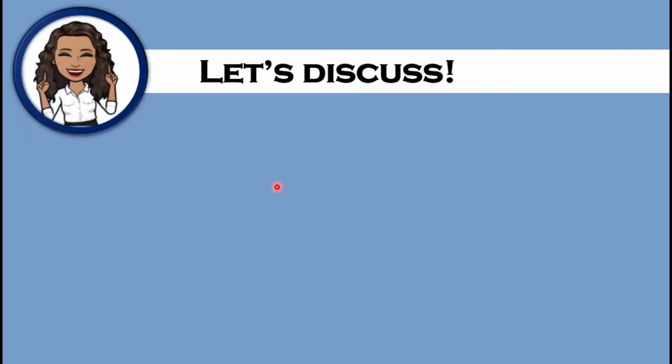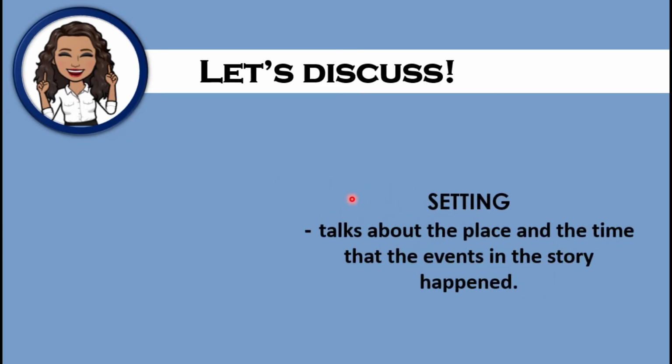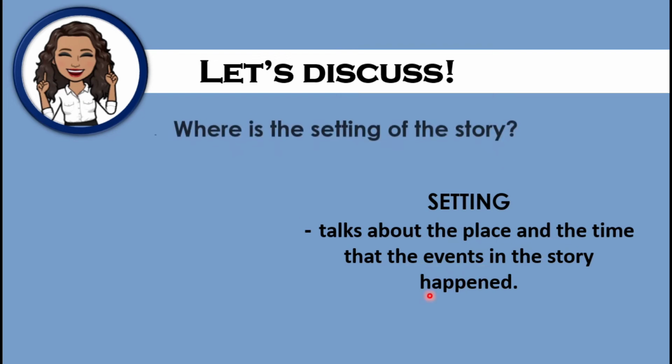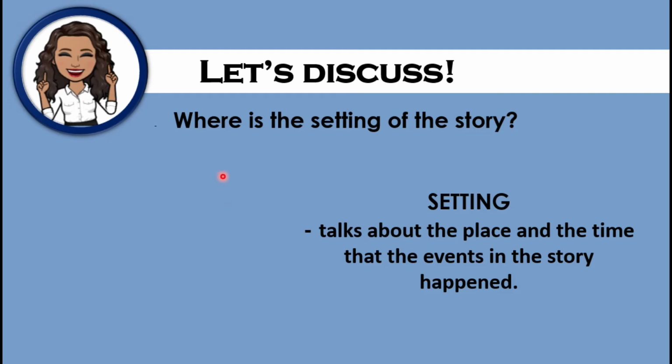Next, we have here the second element, and this is what we call the setting. The setting talks about the place and the time that the events in the story happened. Now, can you tell me where is the setting of the story that we have watched?